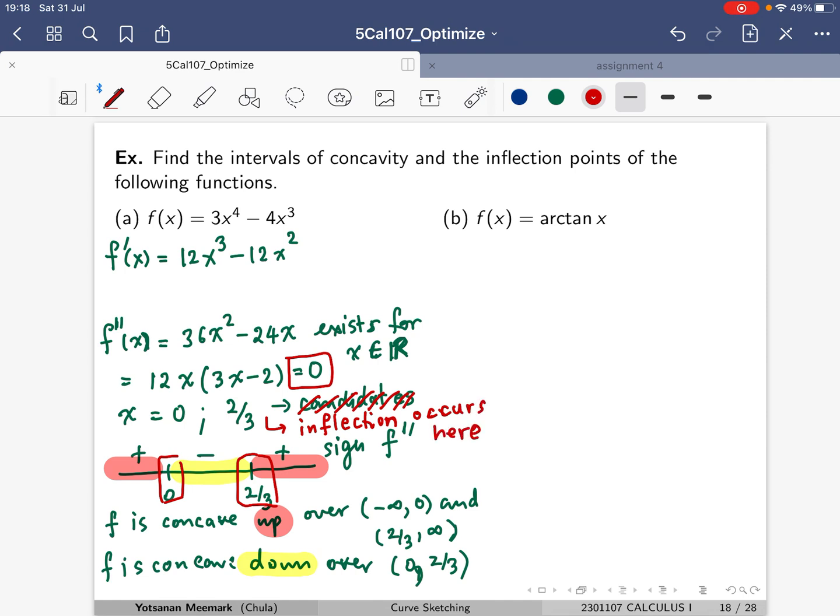Okay, and if you need to find the inflection point, you need to find both x and y. So if your x is 0, this one is f at 0, and if your x is 2/3, this one is your f at 2/3. For this one it is not that difficult, right, this is also 0.